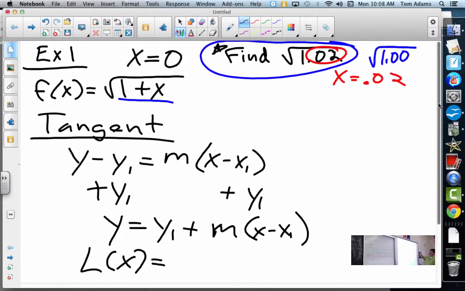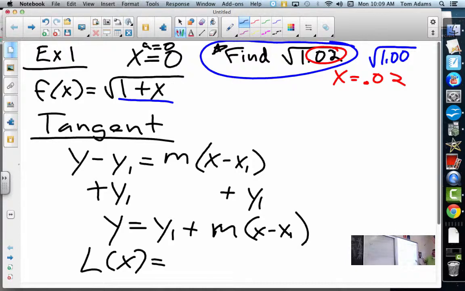Well, let's go back to the original function. If I let x equal 0, right? What I'm really interested in is this value here. But I'm going to say that a equals 0.